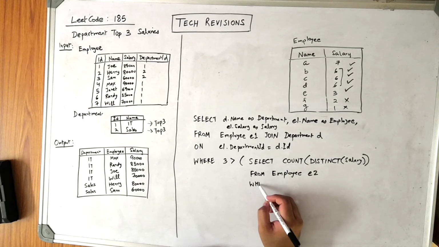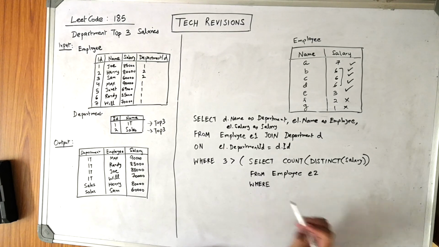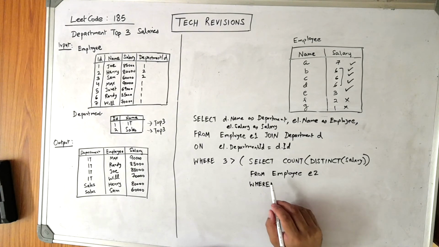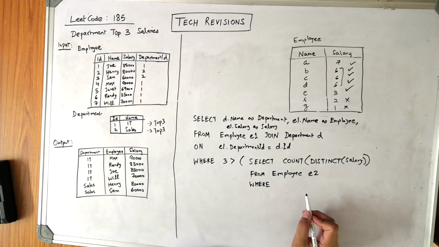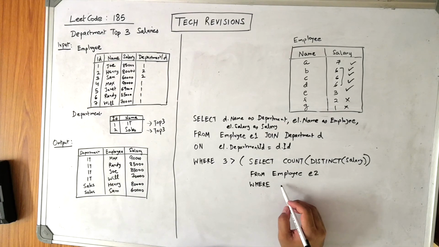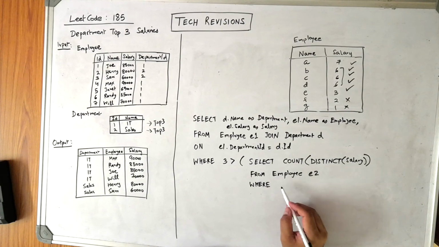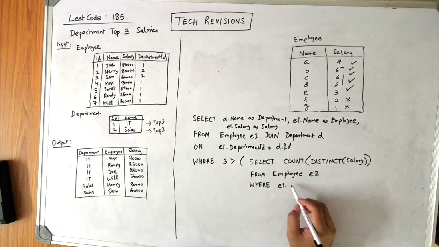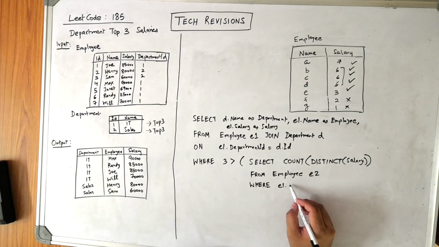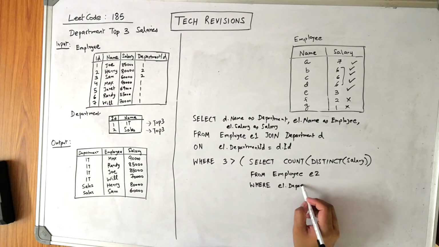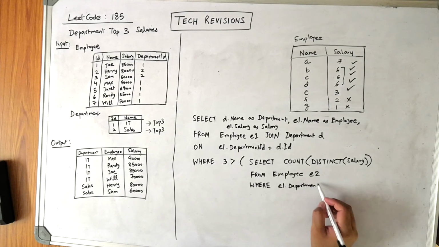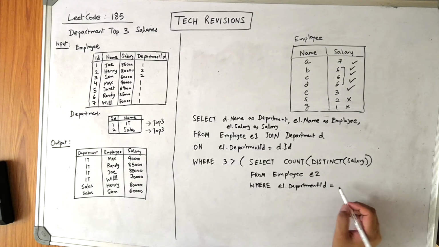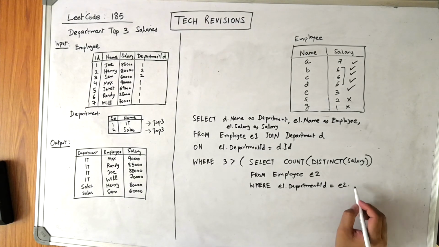Now the important condition, where the first thing is that we have to match the department. So we don't want to match anything other than the department where the department ID is the same. So we want to say E1 dot department ID is same as E2 dot department ID.